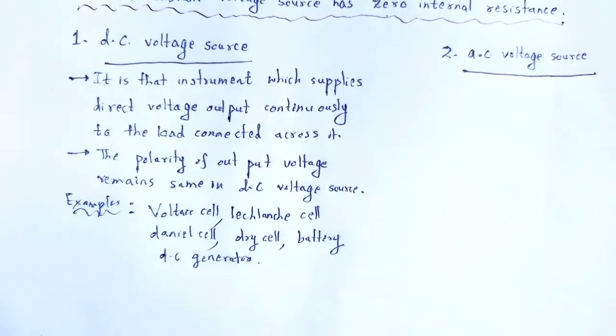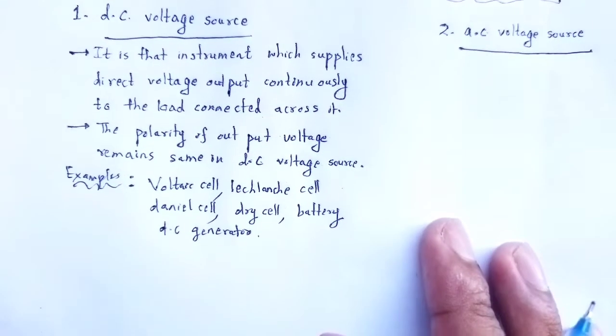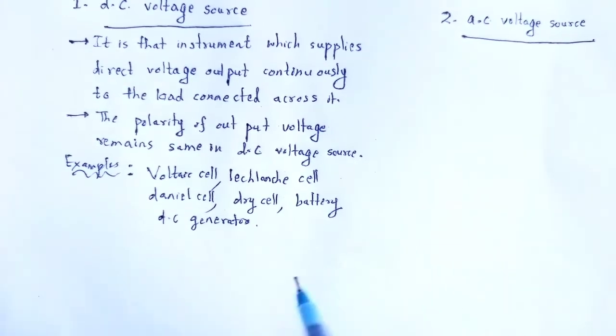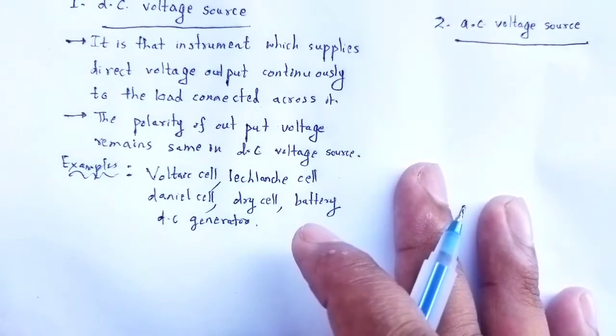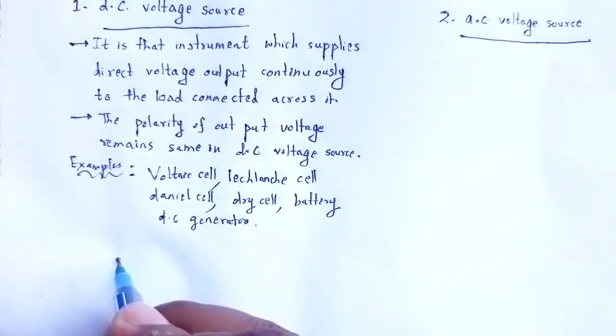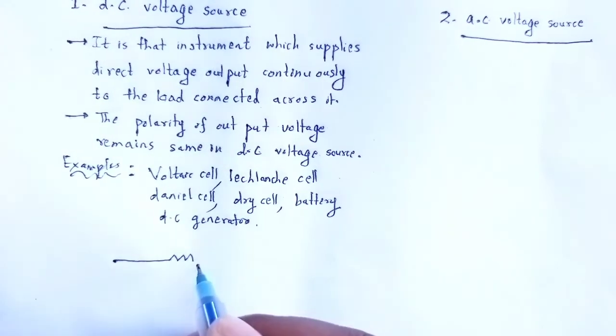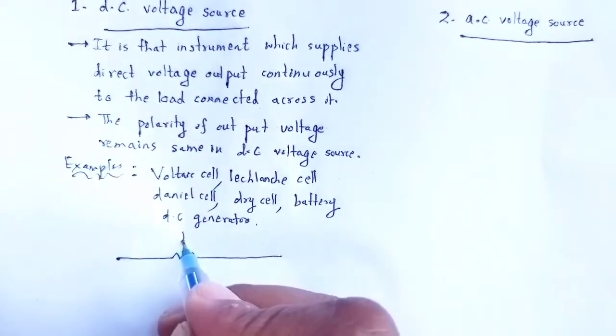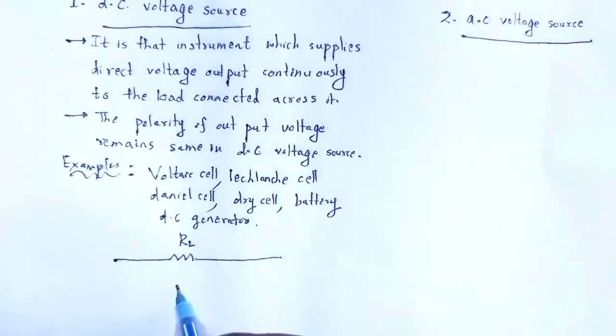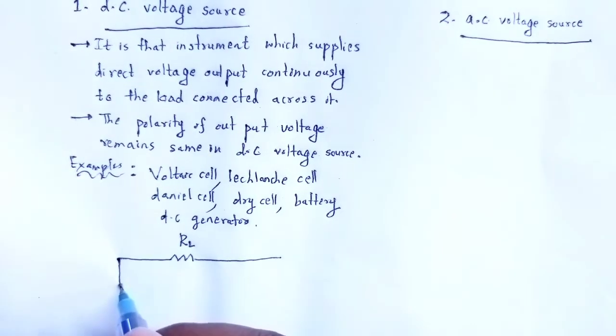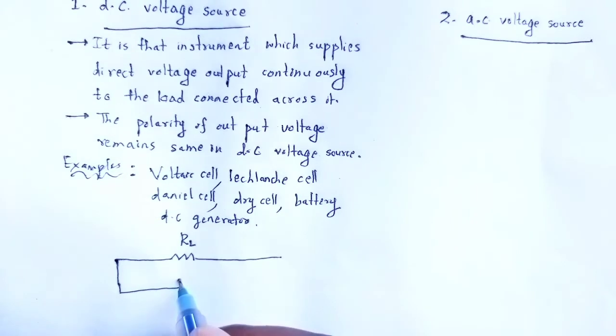Look here, we draw a circuit when a DC voltage source is connected across a load resistance. This is the load resistance RL, which is connected to the DC voltage source.